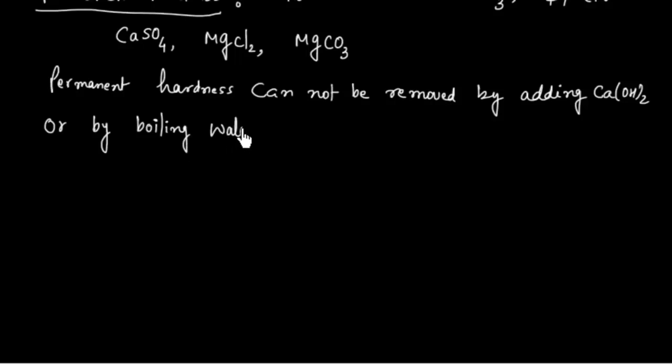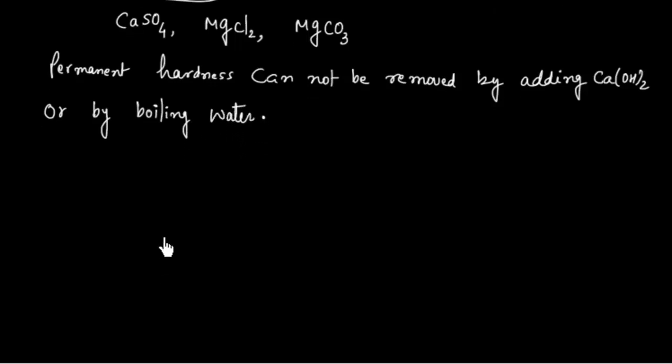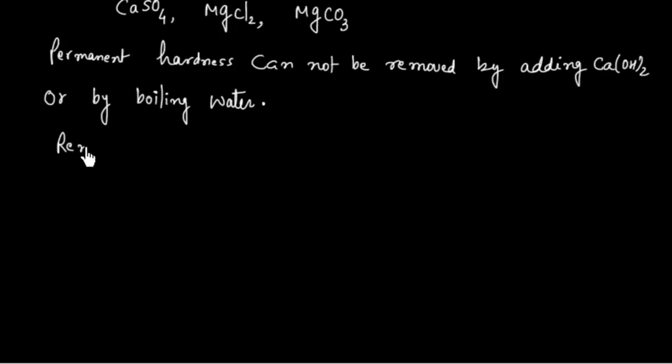So how do we remove this permanent hardness? Removal of permanent hardness is generally done by adding baking soda. So removal of permanent hardness.